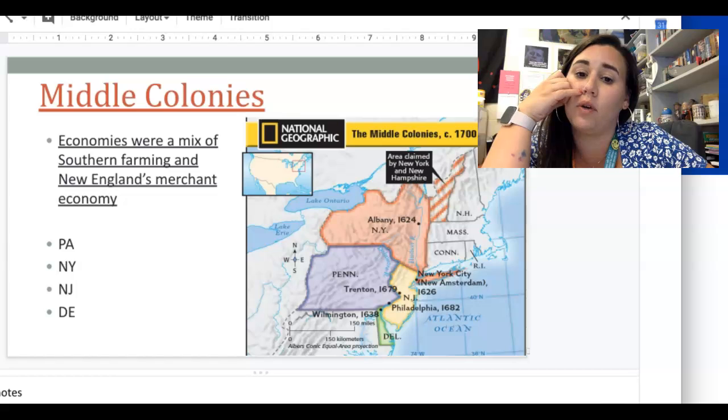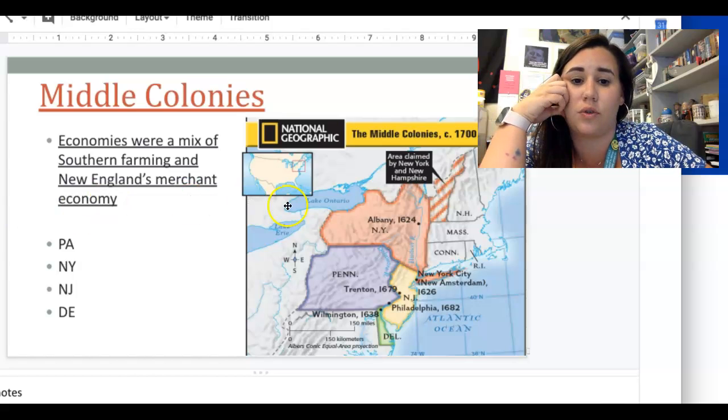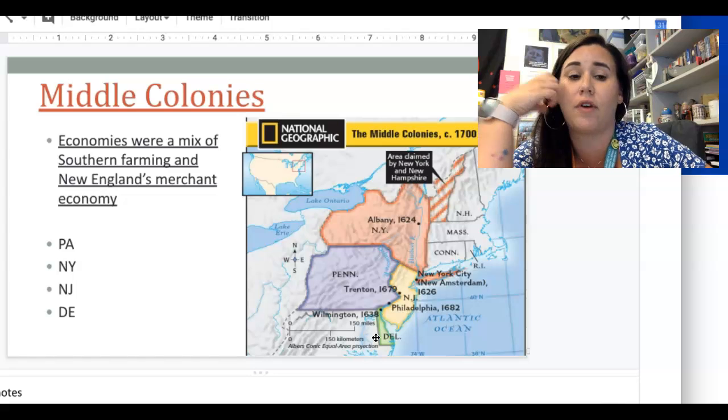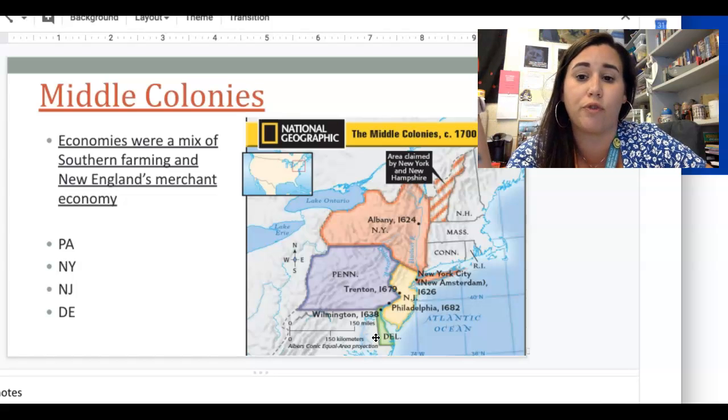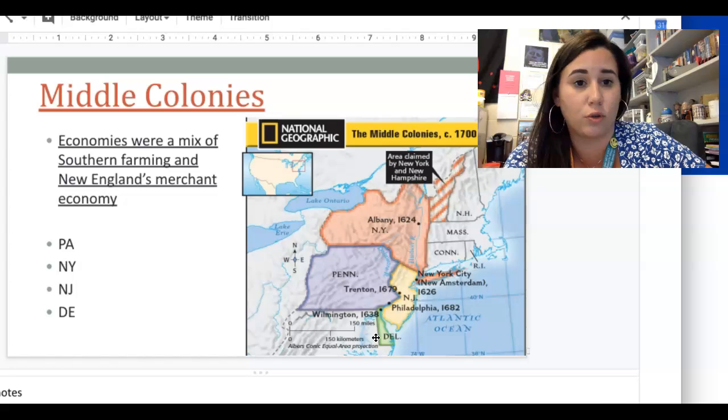So a bit more about the middle colonies. This includes New York, Pennsylvania, New Jersey, and Delaware. These areas are going to have fine climates and soil for farming, so there will be agriculture there.